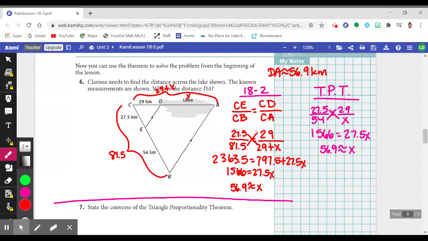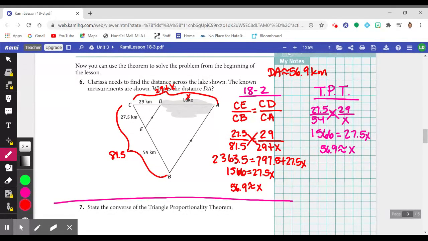So here's the work from 18.2, and here's the work from the theorem from this lesson. And notice at a certain point, we arrive at the same equation. It just took us a little bit longer to get there using the method we learned possibly in 18.2. But regardless, the length of DA is 56.9 kilometers.